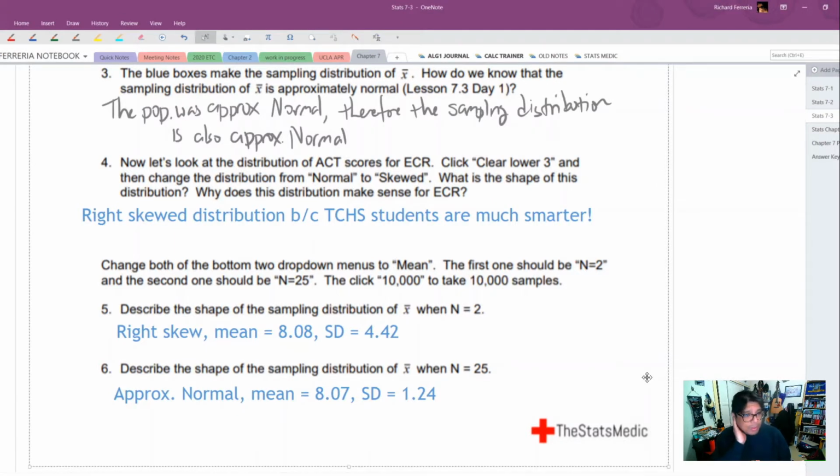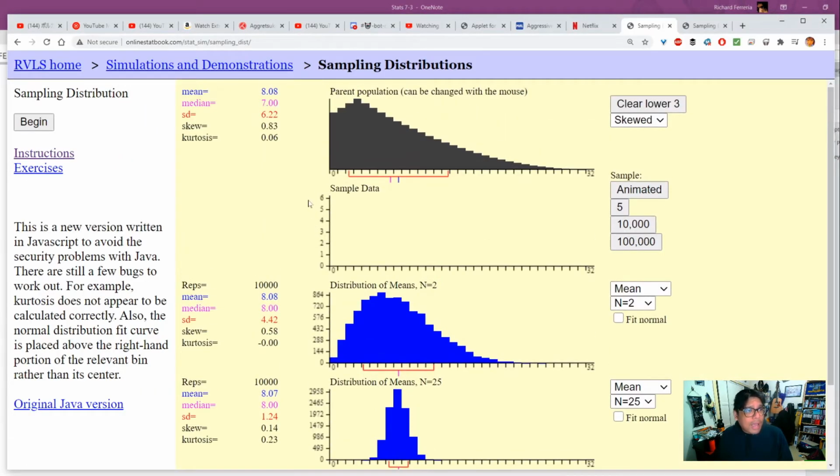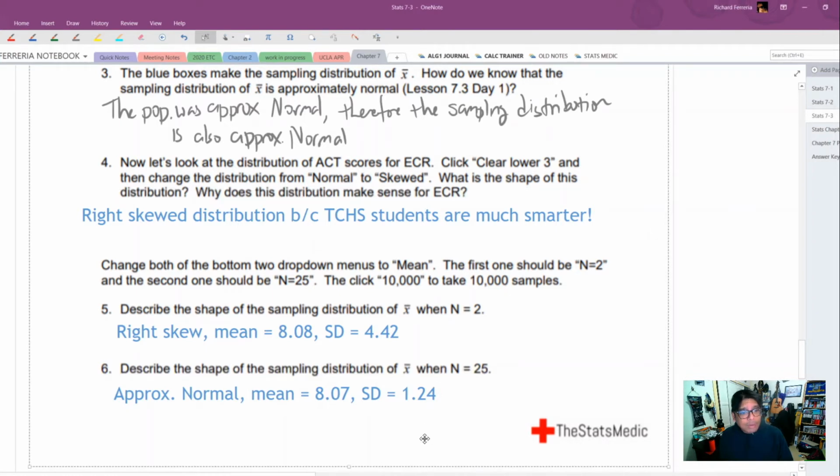And with n equals 25, we get an approximately normal distribution with a mean of 8.07 and a standard deviation of 1.24. So we've decreased the standard deviation dramatically. Looking back at the population, it had a standard deviation of 6.22, and we got that down to 1.24 just by taking a sample size of 25.